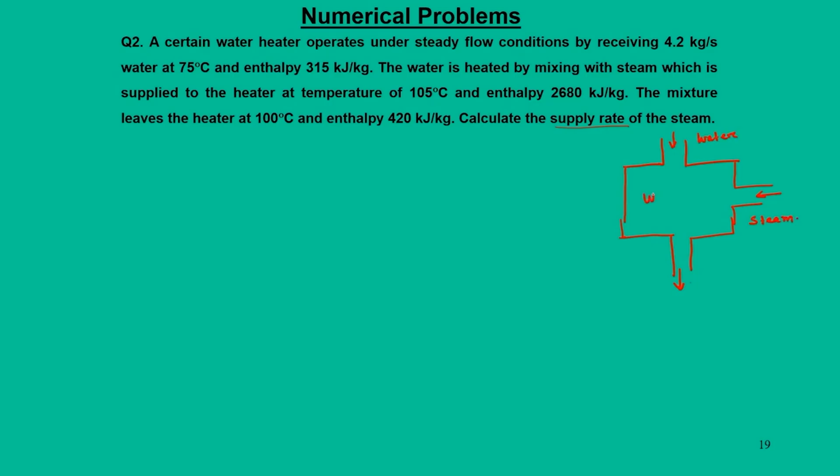So, it is a water heater. The conditions of water, that means the mass of water and enthalpy of water, then the mass of steam and enthalpy of steam, and we have the mixture, that is mm and hm.